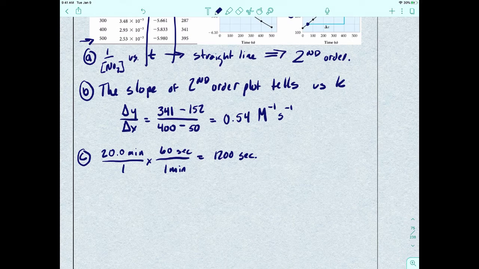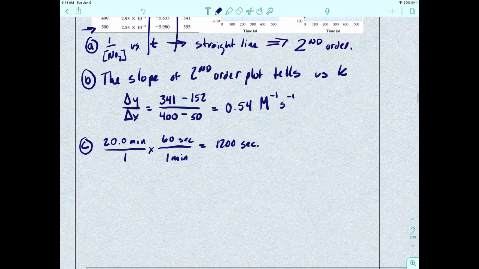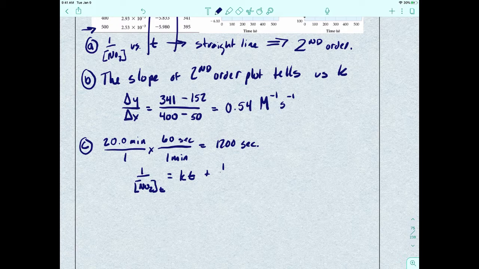All right, so to do that, we're going to have to use the second order rate law. So that equation again is going to be 1 over the concentration of NO2 at a certain point in time t is equal to kt plus 1 over the initial concentration of NO2.